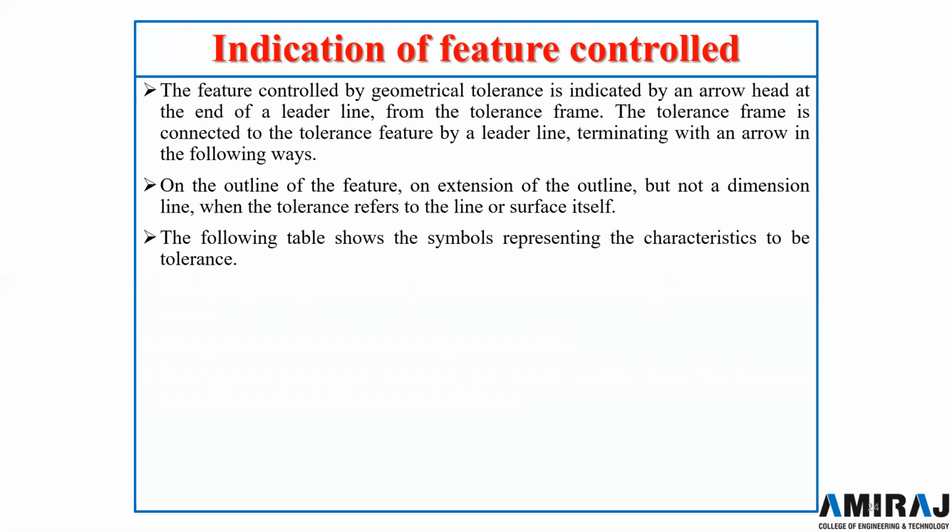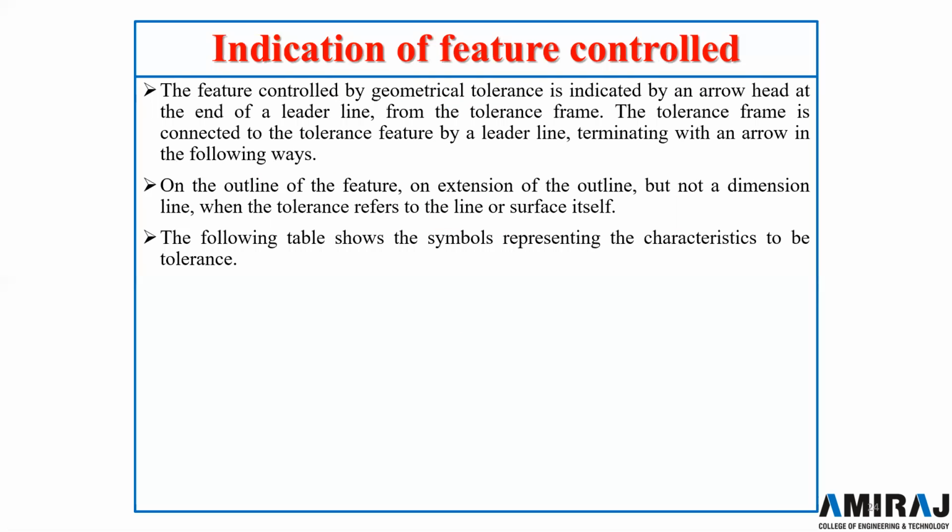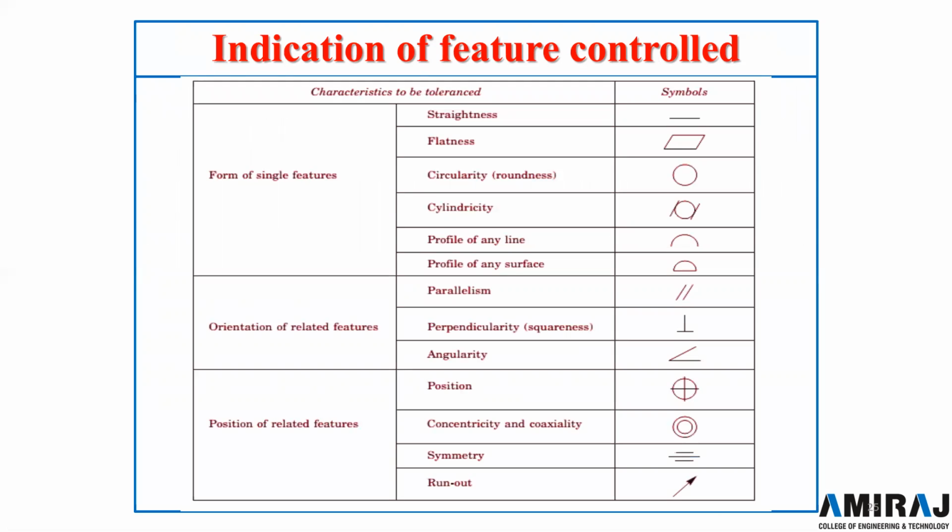These are the various indications of the feature, the various symbols: on the outline of the feature, on an extension of the outline, but not on a dimension line. When the tolerance refers to a line or surface itself, the table shows the symbol representing the characteristics of tolerance. Here you can see in the figure the characteristics to be toleranced and the symbol over here.